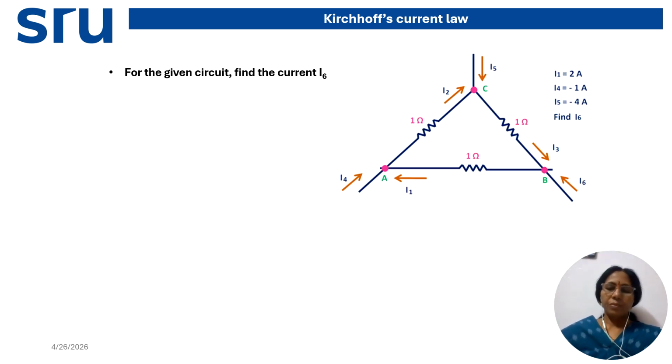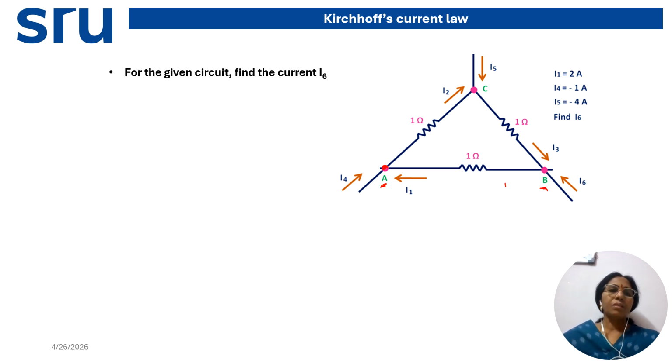Now here it is one more example circuit. Here, how many nodes are there in this network? Now let me take a marker. See, there are 3 nodes and these nodes are represented with letters A, B and C. Okay.